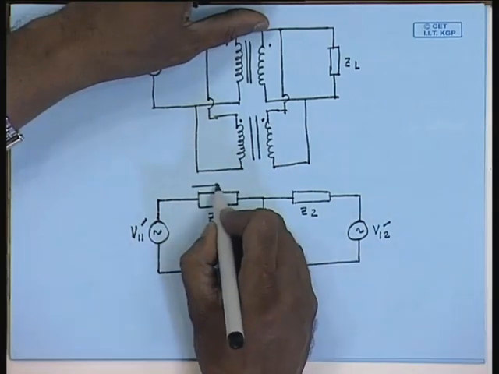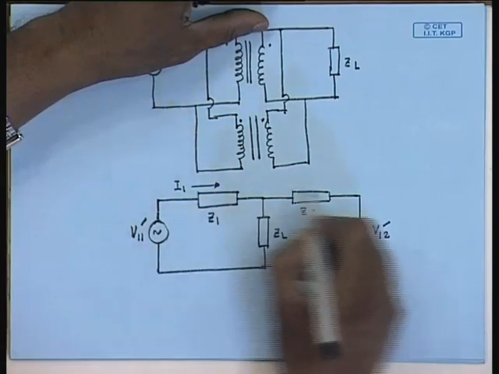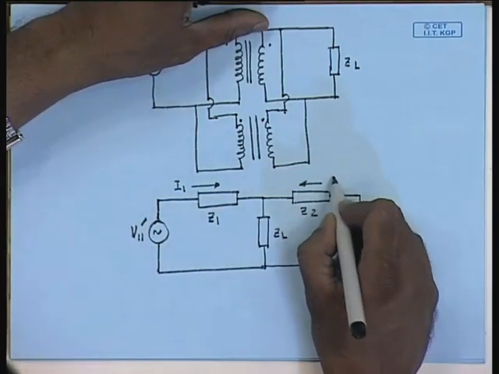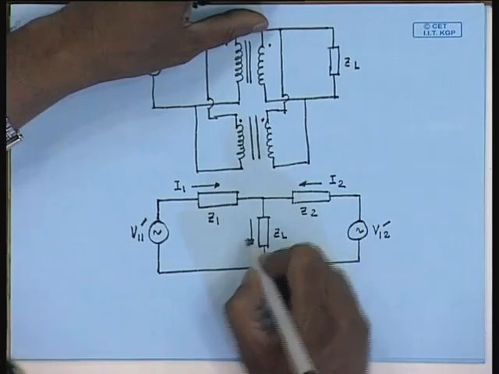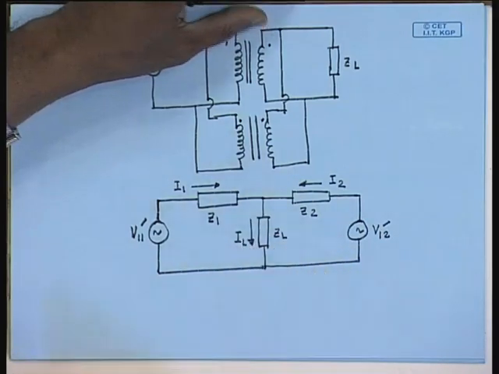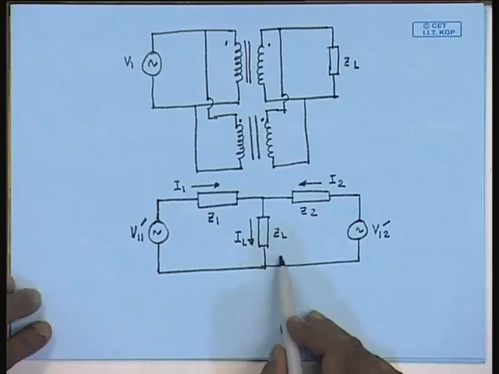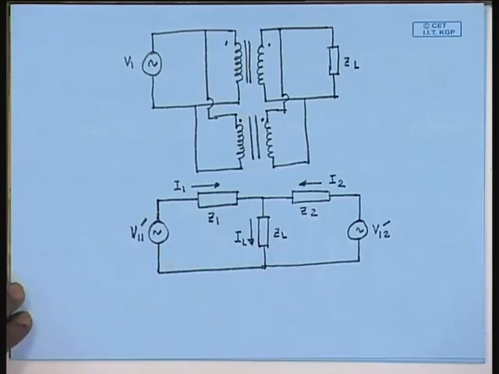Again, let us say this current is I1, this current is I2, and this is the total load current IL. So, this will be the equivalent circuit of the parallel connected transformers when their no load voltages are not identical.